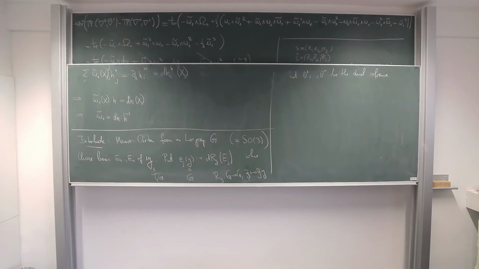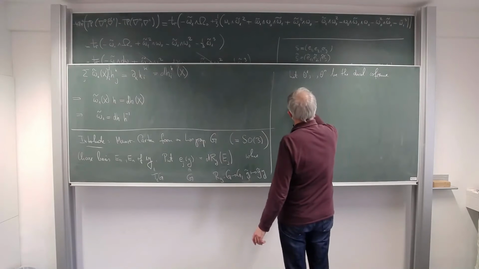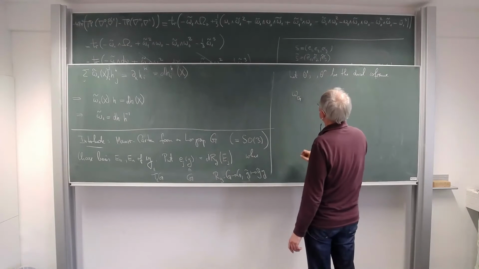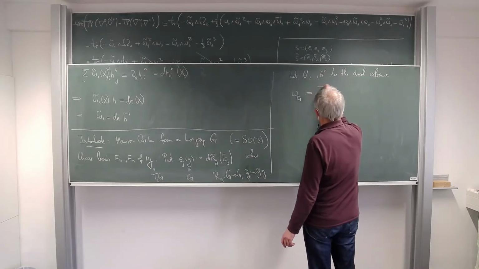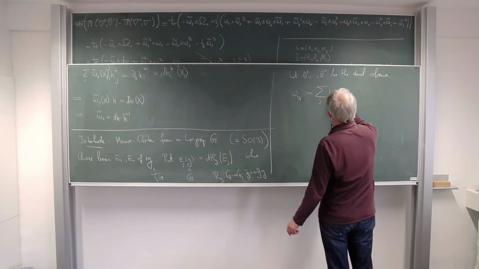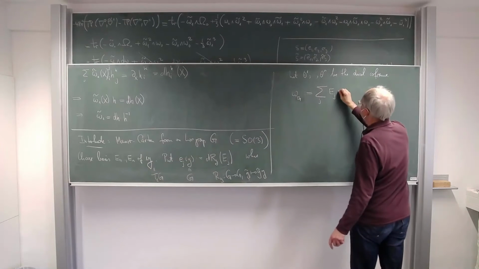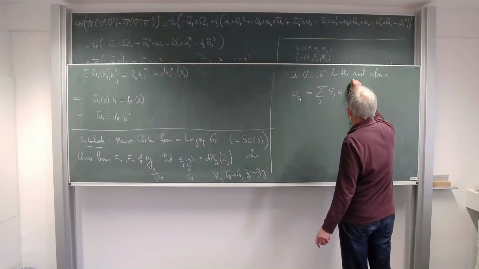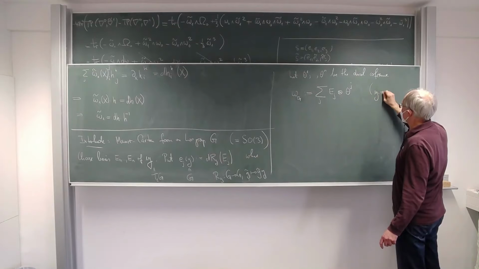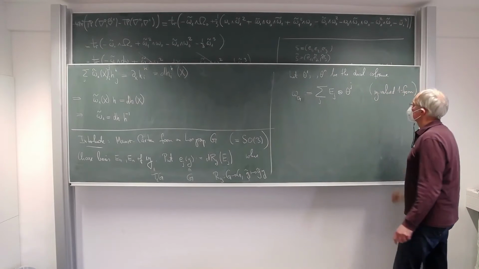by definition. And now the Maurer-Cartan form, omega, is defined to be the sum over j of theta j tensor E_j, these elements in the Lie algebra. So that is a Lie algebra valued one-form.